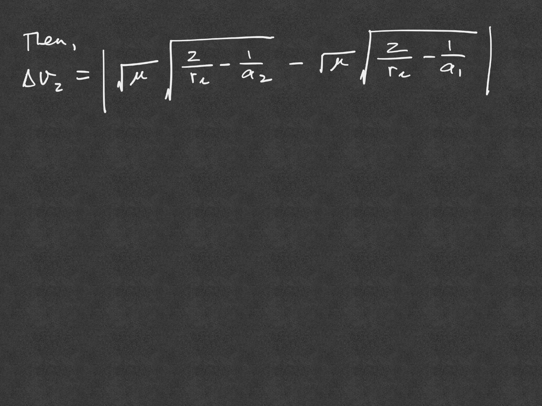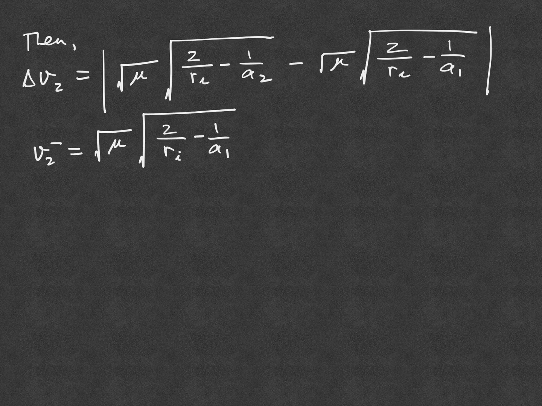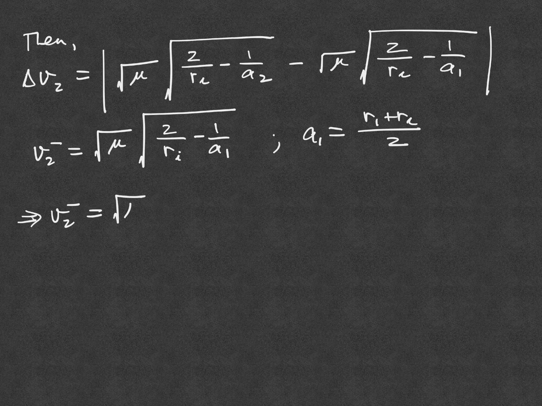First, we know that V2 minus is equal to the square root of mu times the square root of 2 over Ri minus 1 over A1. But again, A1 is equal to R1 plus Ri all divided by 2, which gives that V2 minus is equal to the square root of mu times the square root of 2 over Ri minus 2 over R1 plus Ri.